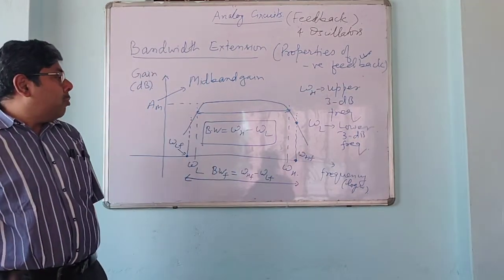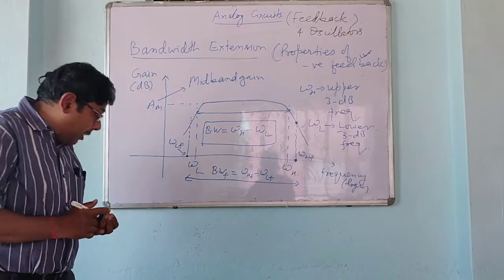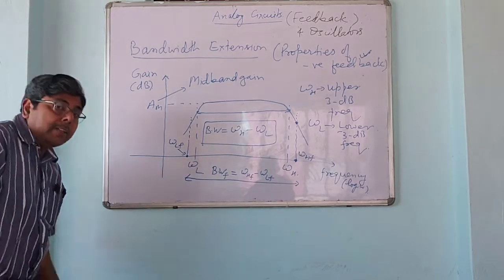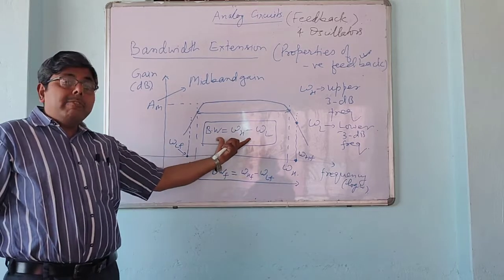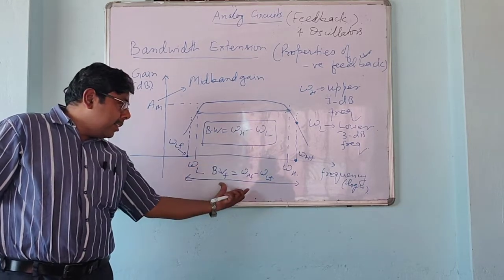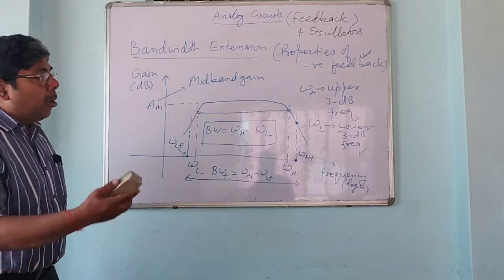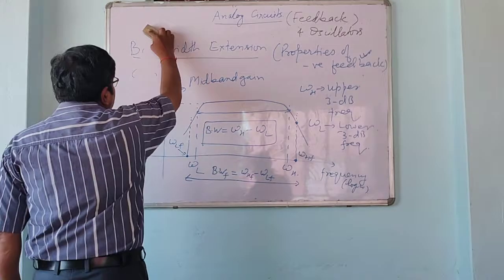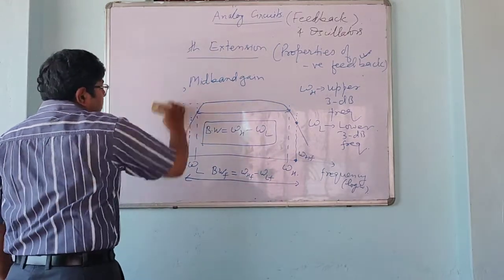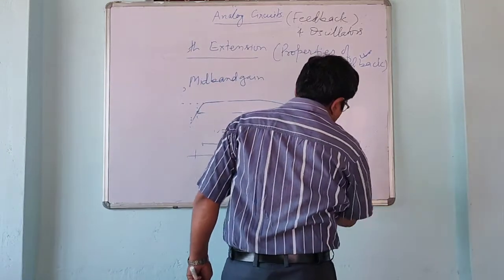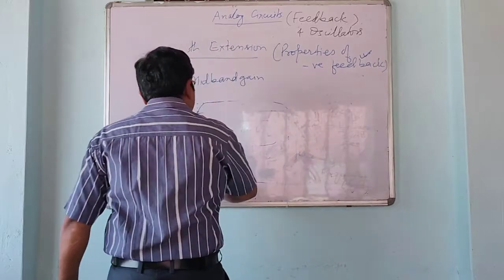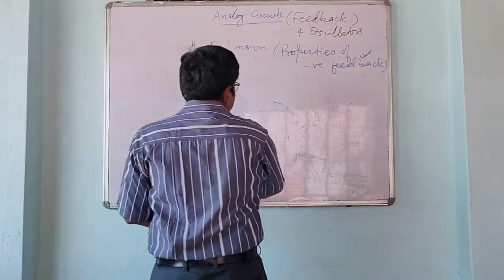Now we can show how this increases by using feedback. So this is the basic concept of bandwidth. This is the bandwidth without feedback, and this is the bandwidth with feedback. Now we will show how this bandwidth increases when we are using feedback. So we can mathematically show this concept.